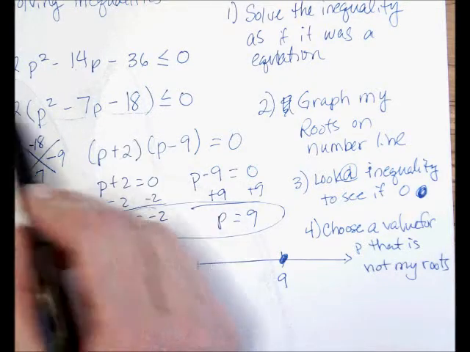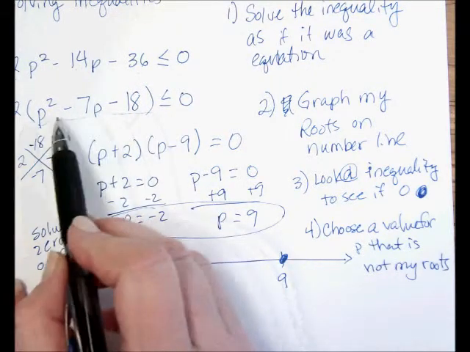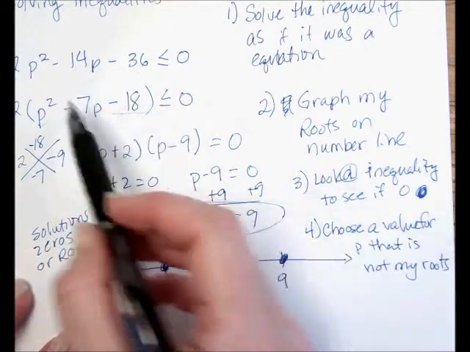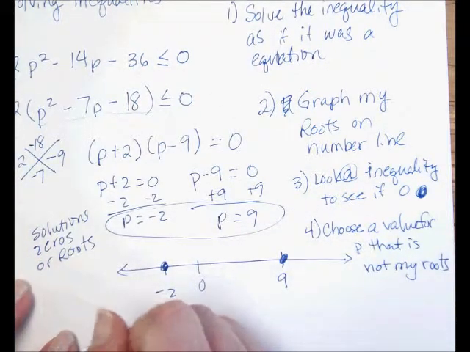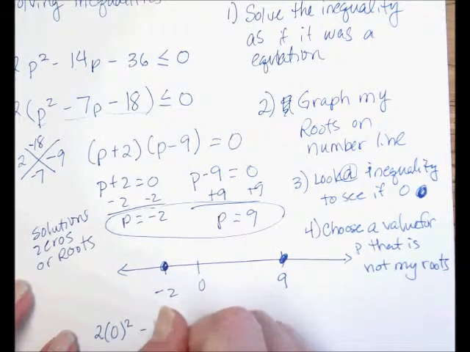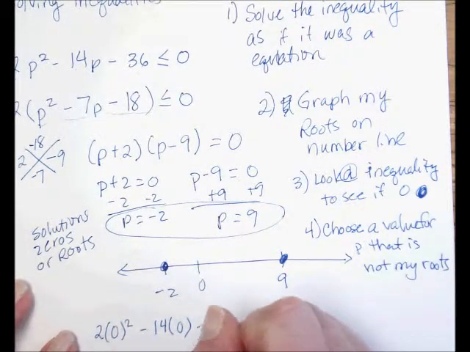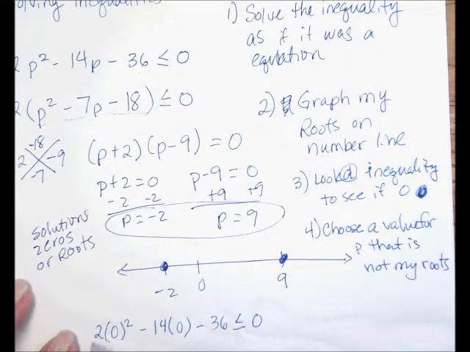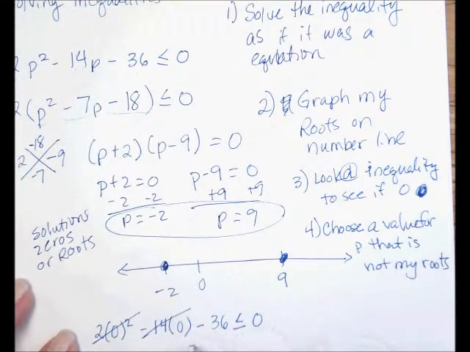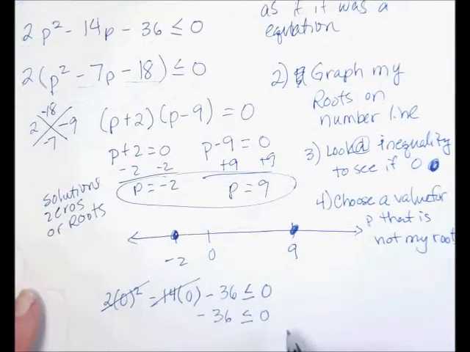I can go back to my original equation, or I can go back to this one, it doesn't matter which, and plug in 0 for p. In this case, it's going to be 2 times 0 squared minus 14 times 0 minus 36 is less than or equal to 0. These two terms cancel out, so I'm left with negative 36 is less than or equal to 0.